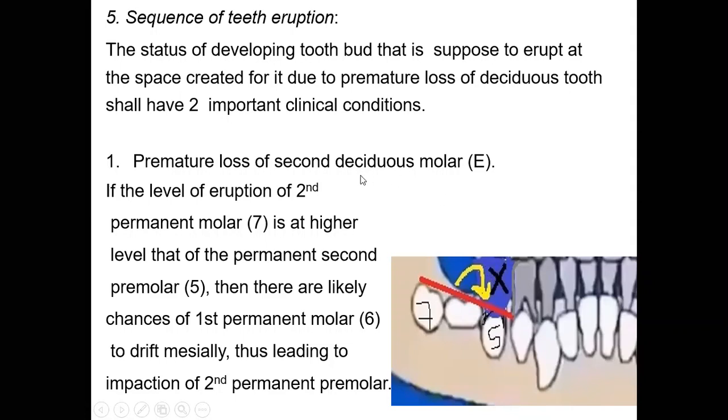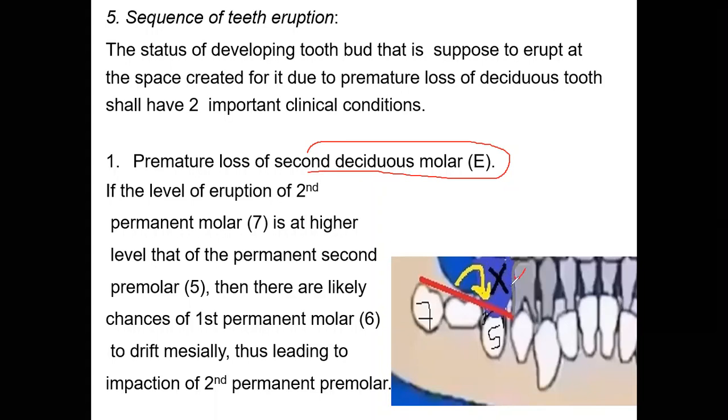Number 1, for example, there is a loss of deciduous E, which means the second molar. Can you see here, this is the first molar and there is no second deciduous molar.